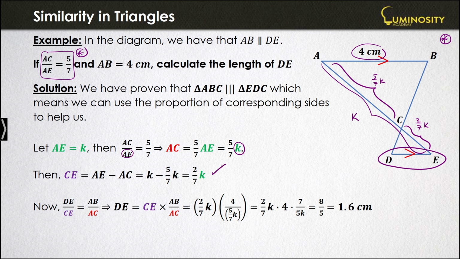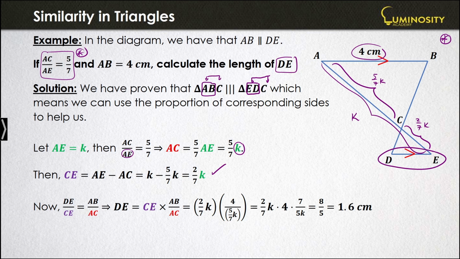Now I'm going to use the fact that these triangles are similar, and remember the goal is to find the length of DE. When I use the similarity property, I need to find a ratio where DE is considered. So I do DE divided by EC within the same triangle. Notice I took it in that order, so I must do exactly the same for the other triangle: take AB and divide it by AC.